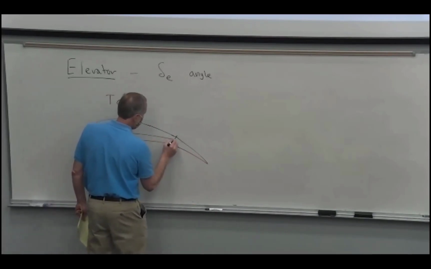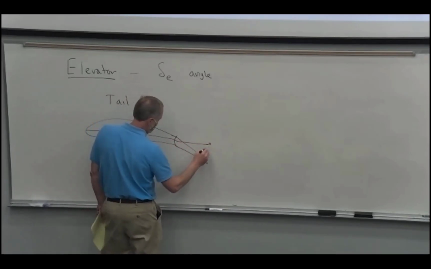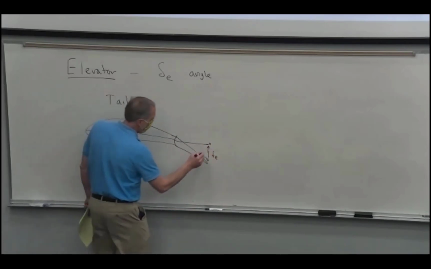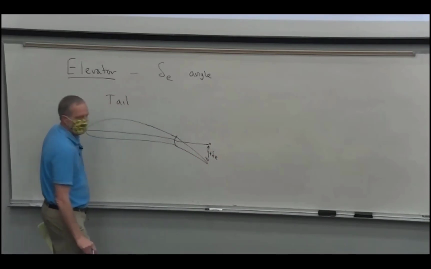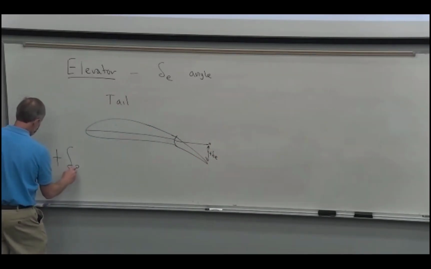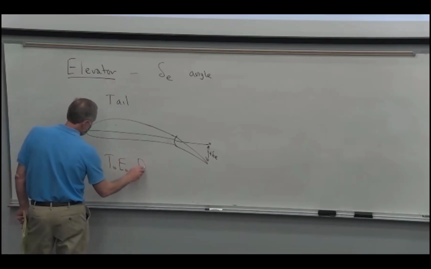The normal chord of this thing would be like through here. And this is the angle delta E. And that's positive downward. So positive elevator angle is trailing edge down.